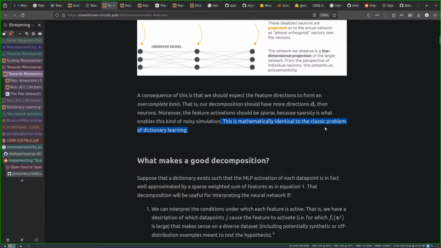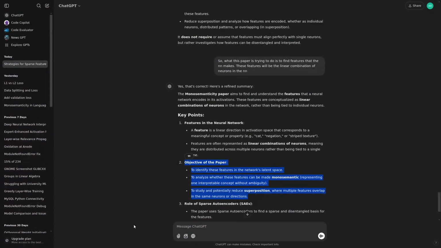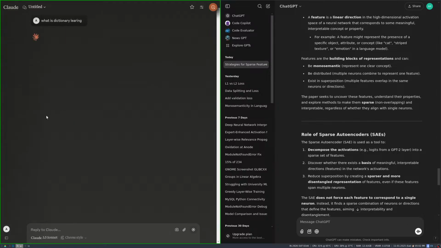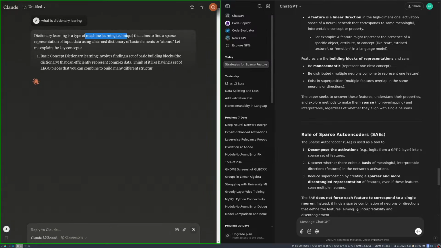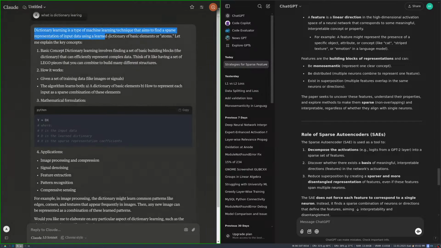This is a mathematical answer to the classic problem of dictionary learning. I kind of want to know what dictionary learning is also. So, what is dictionary learning? It's a type of machine learning technique aimed at finding a sparse representation of input data.